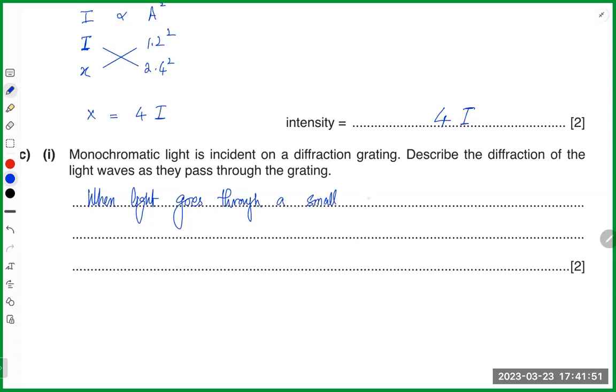When light or any wave goes through a small gap, it spreads. This phenomenon is called diffraction.